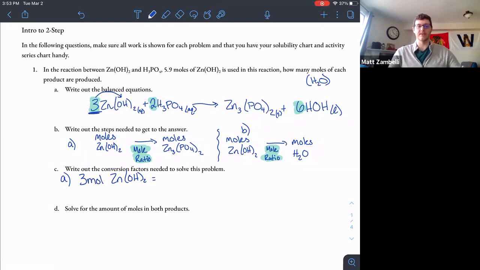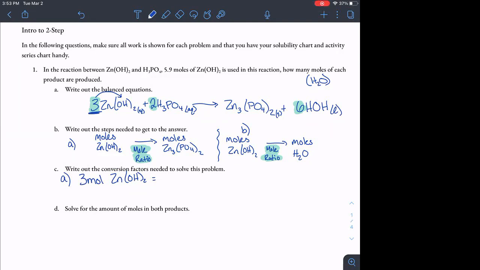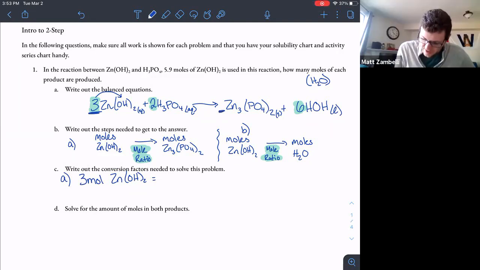If we have 3 moles of zinc hydroxide, how many moles are we going to make of zinc phosphate? One, perfect, because we use the coefficient of zinc phosphate, which is 1. So 1 mole of zinc phosphate.